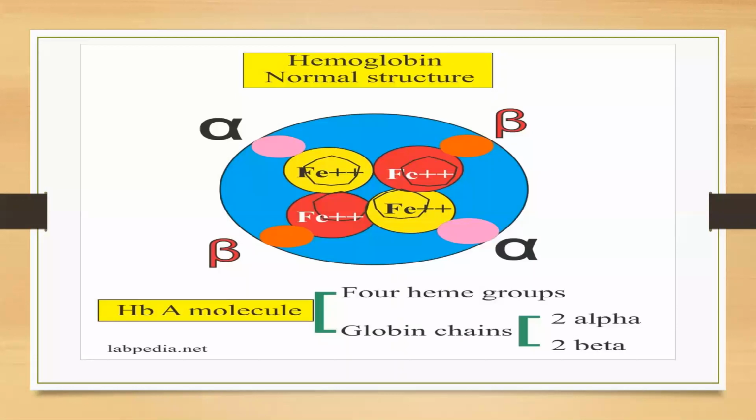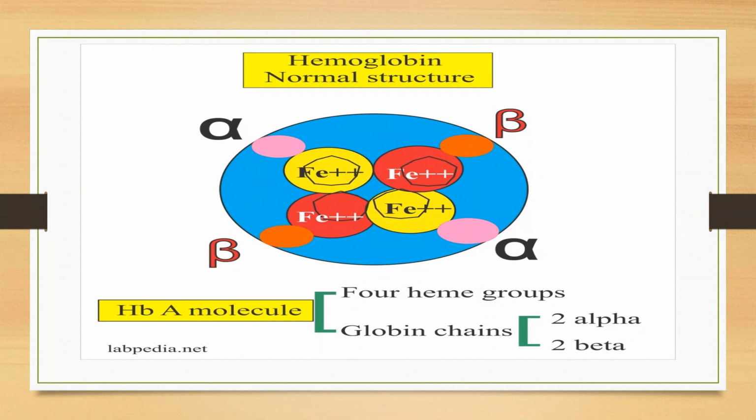We had studied just now the structure of hemoglobin. Hemoglobin has 4 ferrous ions. Each Fe can pick up a molecule of oxygen.